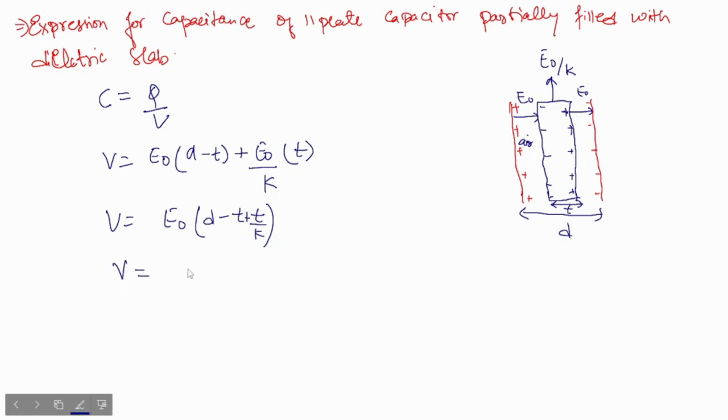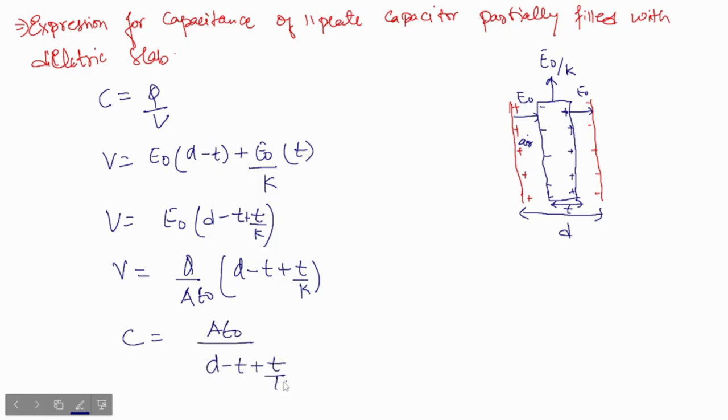Now V will be, writing E naught as q upon A epsilon naught, q upon A epsilon naught times d minus t plus t by k. Why? E naught is sigma naught by epsilon naught, and sigma naught can be written as q by A. Now C will be q upon V, so q and q cancel out, and you will get A epsilon naught upon d minus t plus t by k.